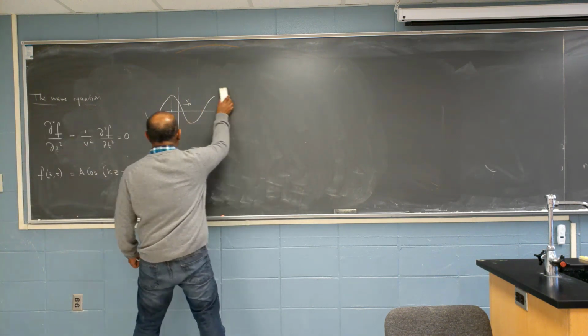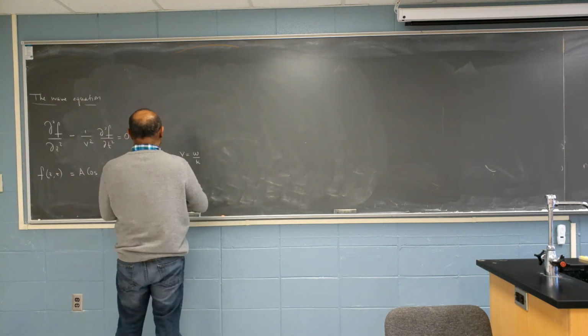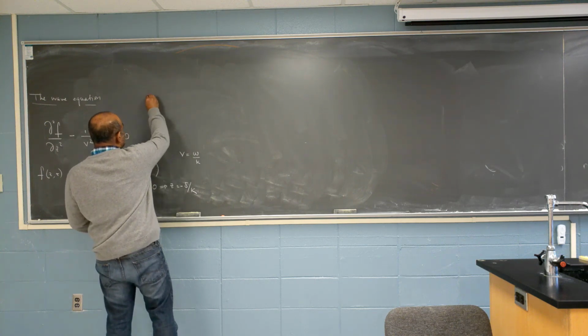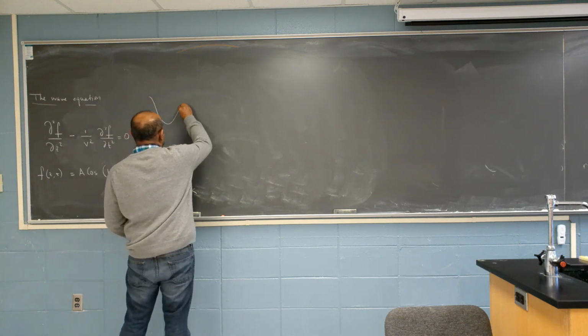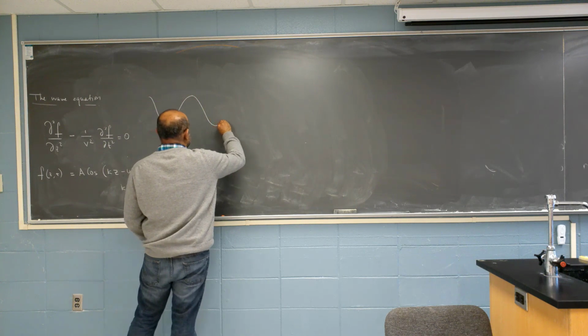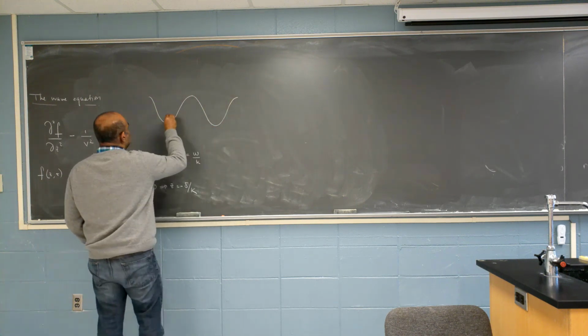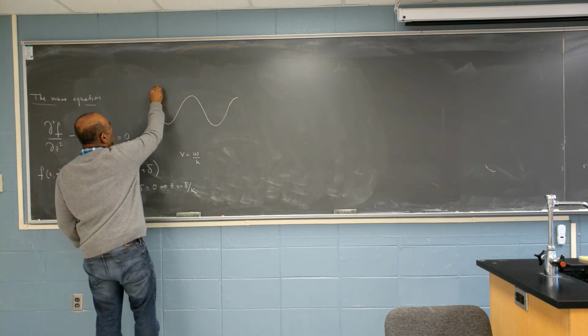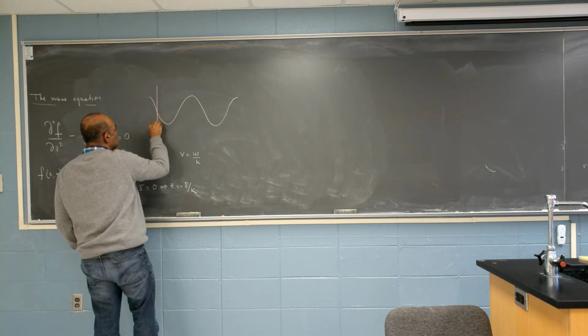Oh, I know what to do. Maybe the correct thing to do would be to first draw the cosine function, and then draw the axes.